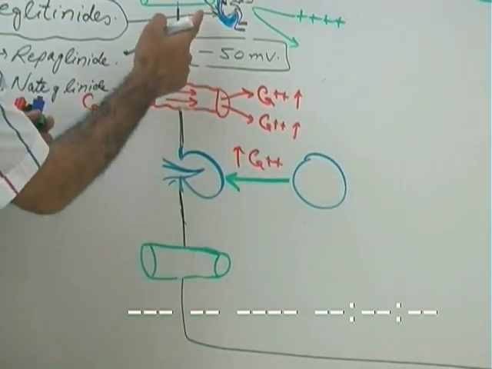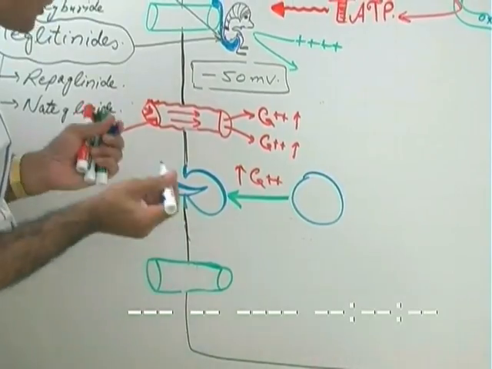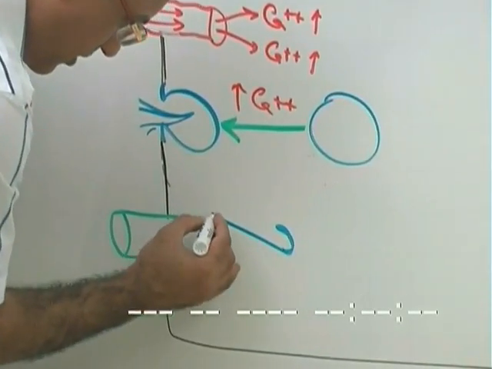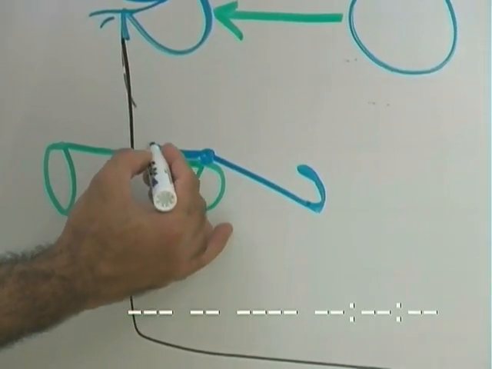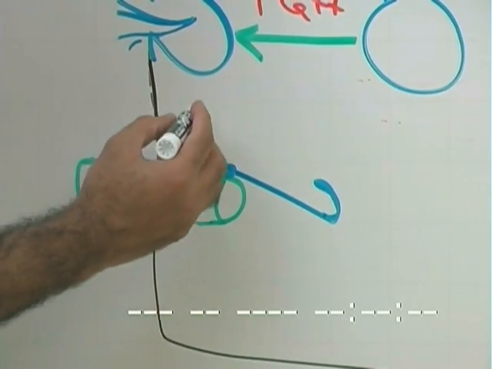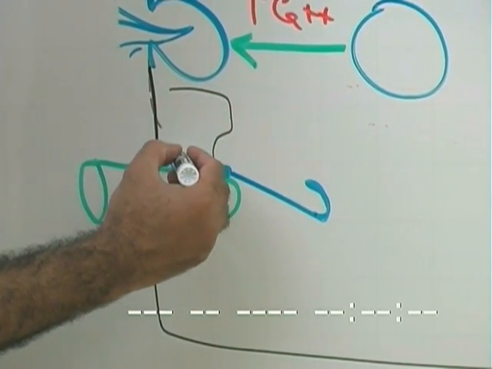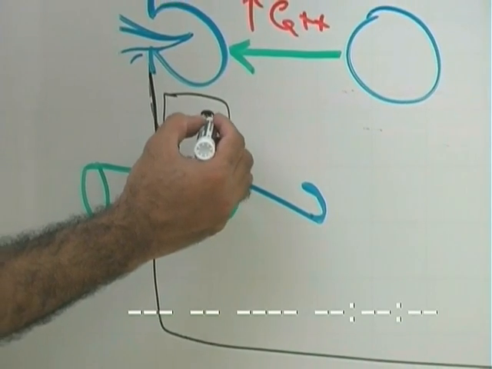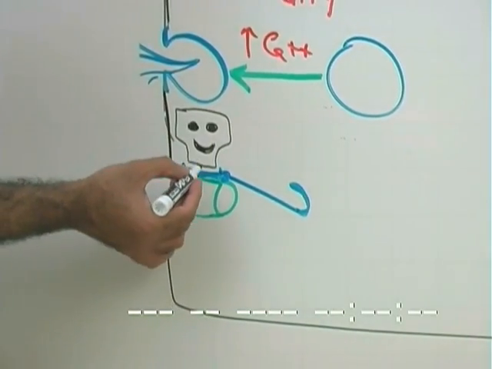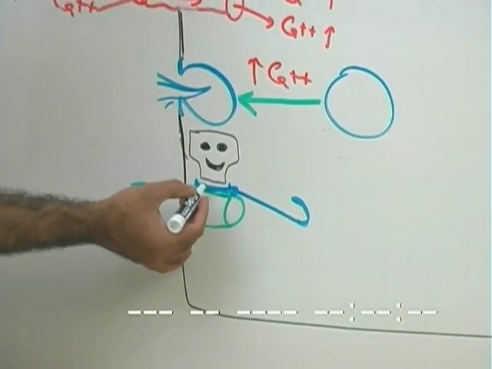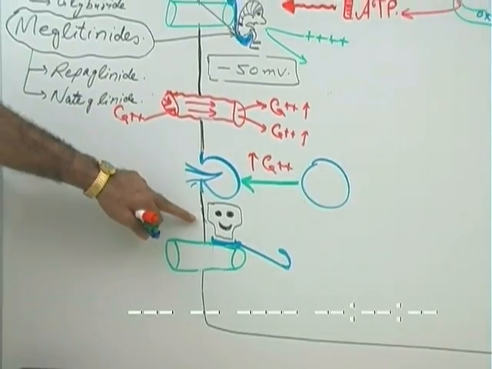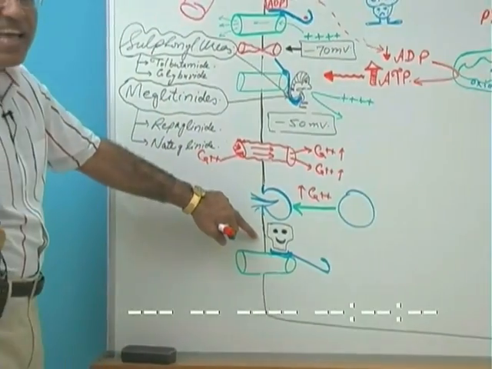binding like ATP, rather it binds at a different domain. This drug sits over here, where ADP binds, and keeps this channel permanently open. So this is actually a potassium channel activator.